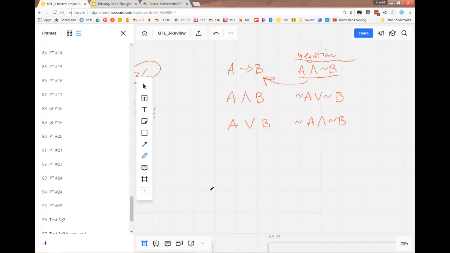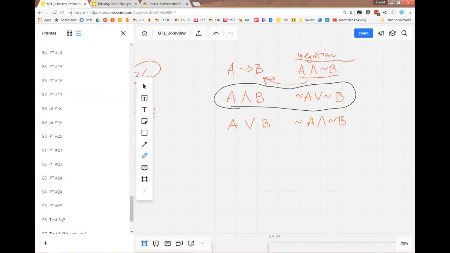So if you want to negate an and statement, let me find one. Okay, just say A and B. If you want to negate that, it is not the case that A or B.